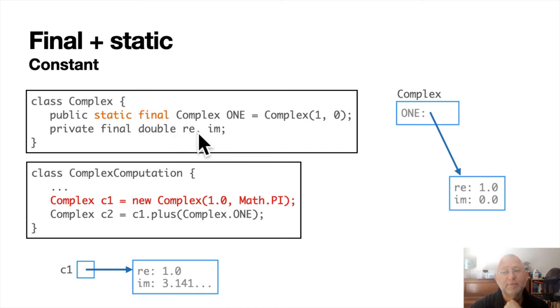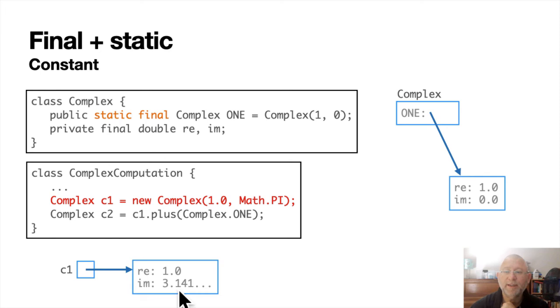You could write a big R, big E, big I, big M, but nobody does that because it confuses people. If something starts with a capital letter, people assume that it's either a class or maybe even a constant. So let's stick to this convention. In fact, Eclipse will complain a little bit if you use the wrong capitalization.